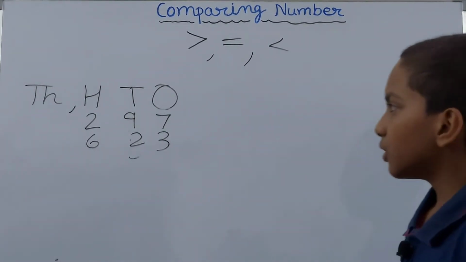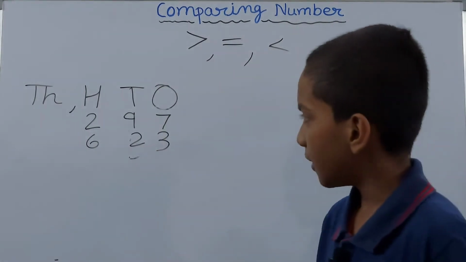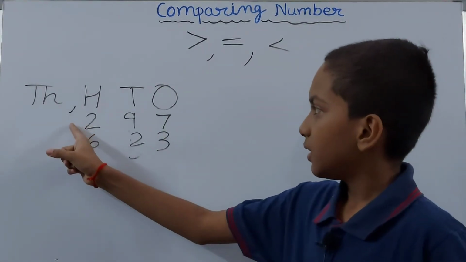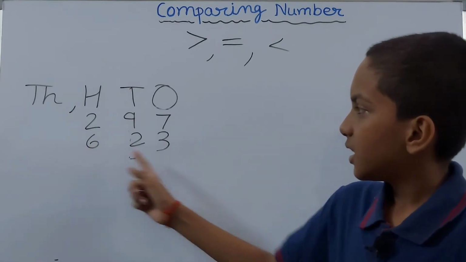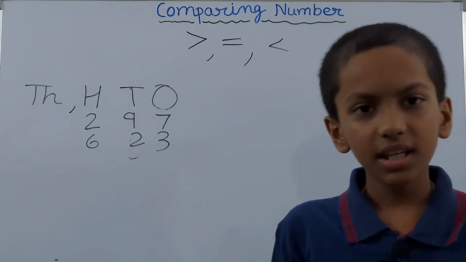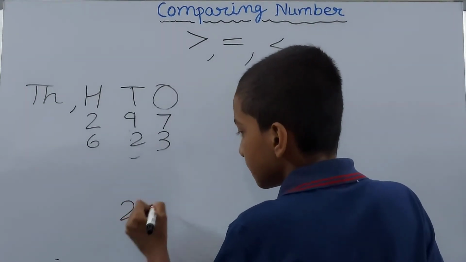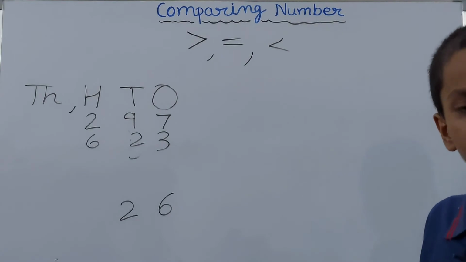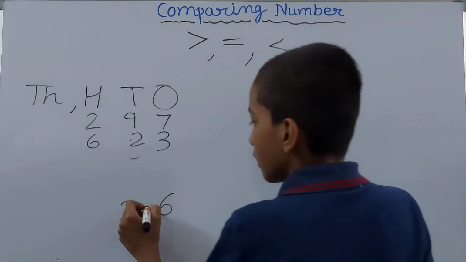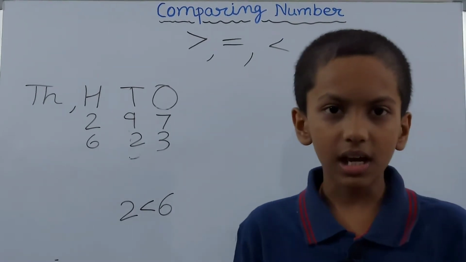As I told you, whenever we have to compare our numbers, we see the two digits from the left. So you see, this is 2 which is from 297 and this is 6 which is from 623. So now we have to compare these two digits. When you compare these two digits, 2 is smaller than 6. So now you have got the answer.